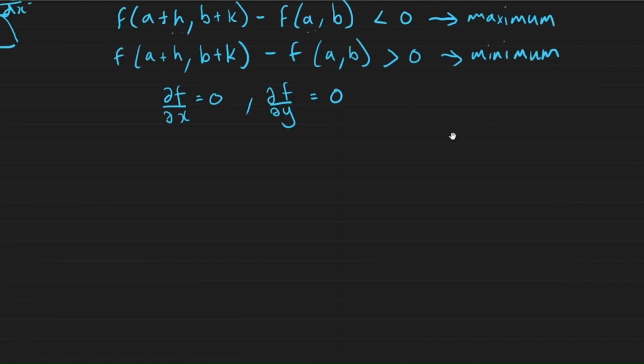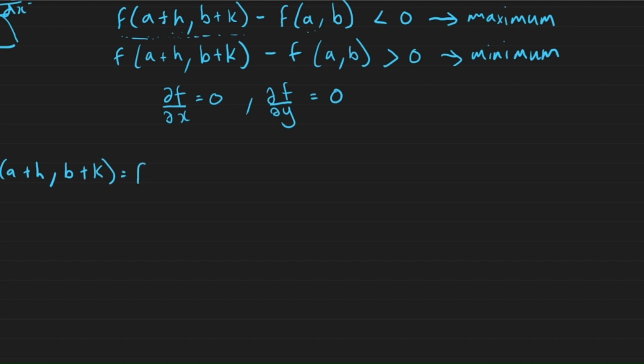The way we'll go about doing it is writing the Taylor series for a point that's nearby the maximum or the minimum. So in other words, writing the Taylor series for point Q. So it's f(a+h, b+k).